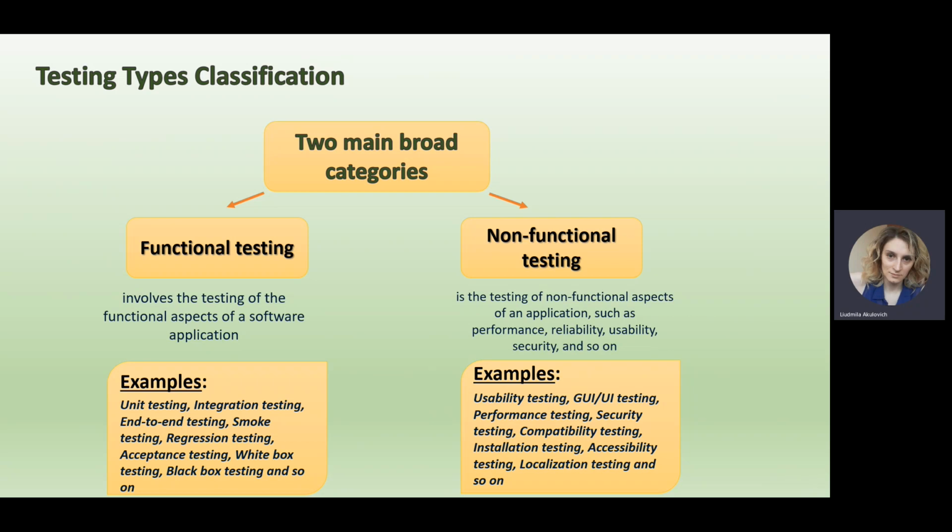Non-functional testing examines other aspects, how well the application works. Is it reliable? Does it have great usability? Is it okay with its UI? Is it accessible by people with different disabilities, and so on?